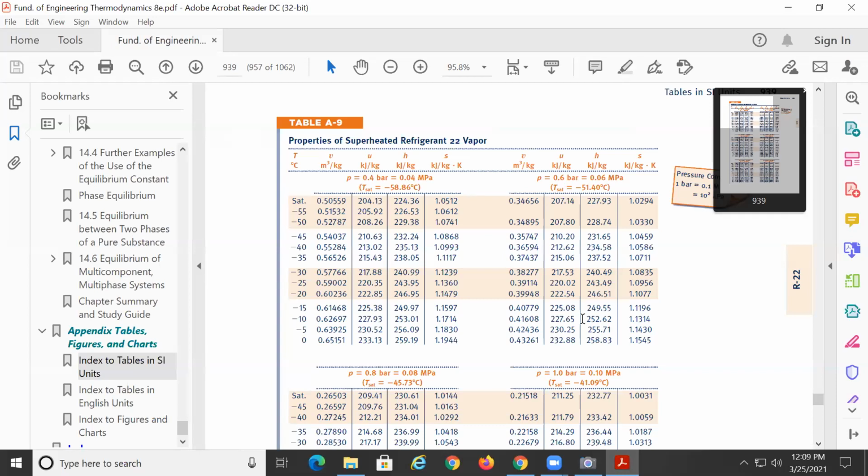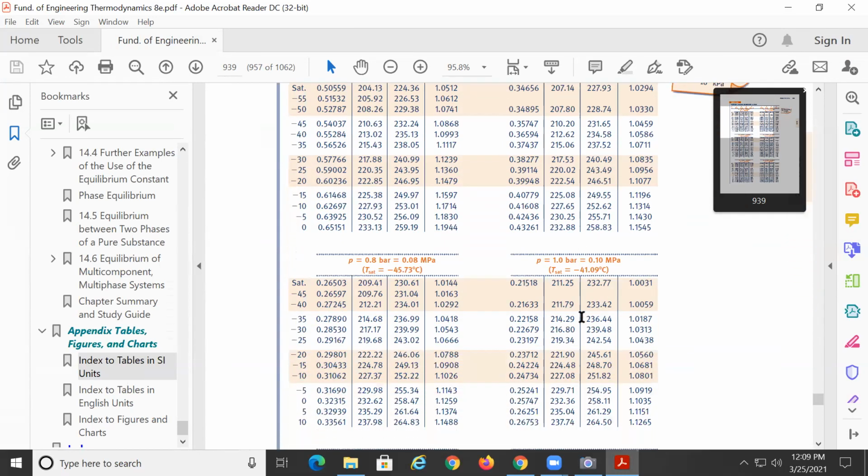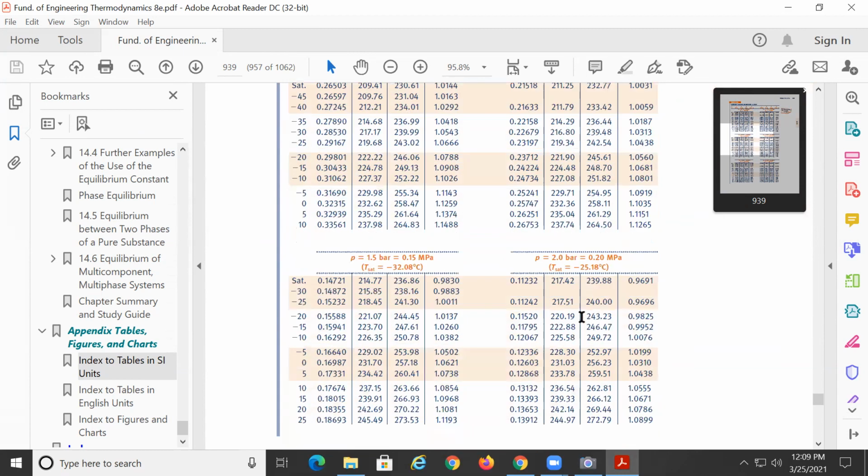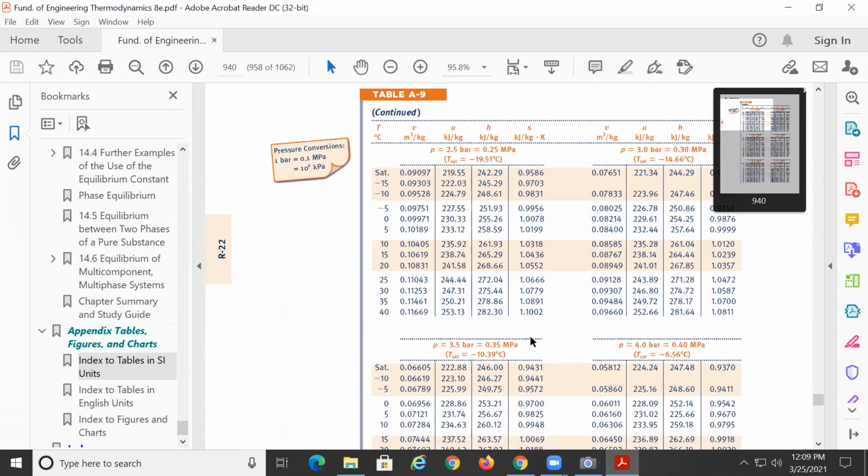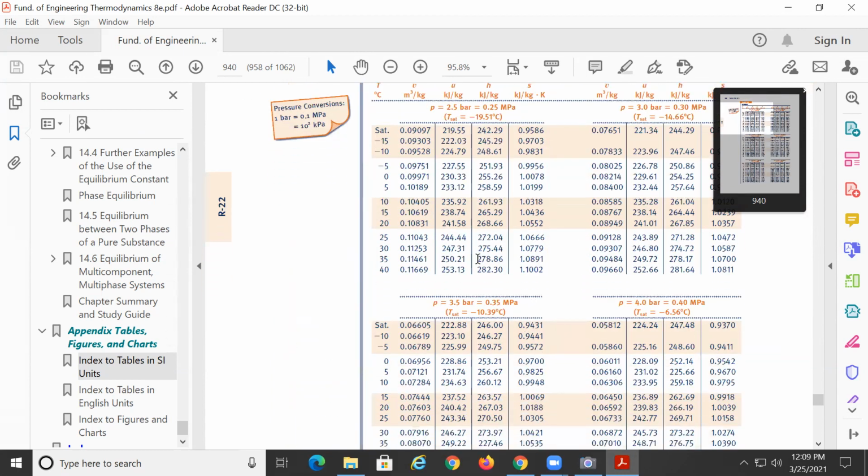So we go to that table, we get that. So let's see, 3.5. We look for H at minus 5, which is 249.75. And S1 is 0.9572.